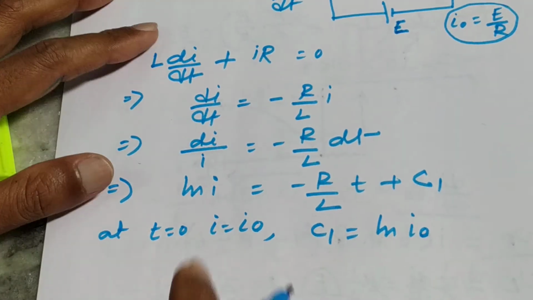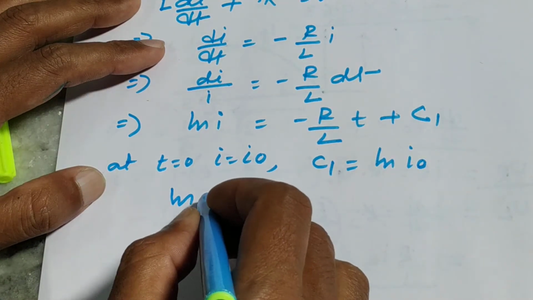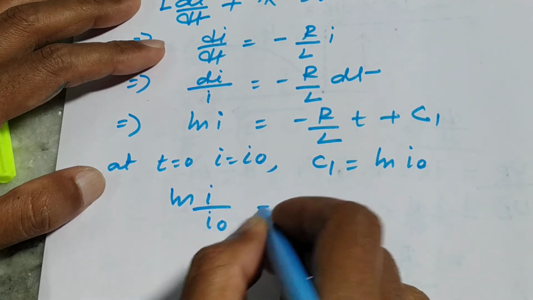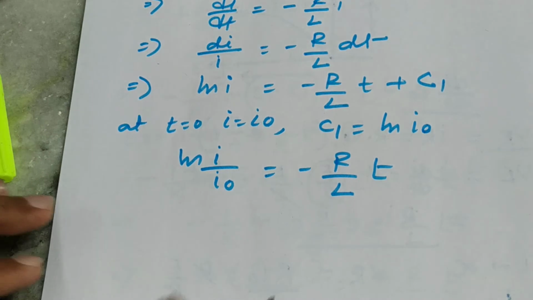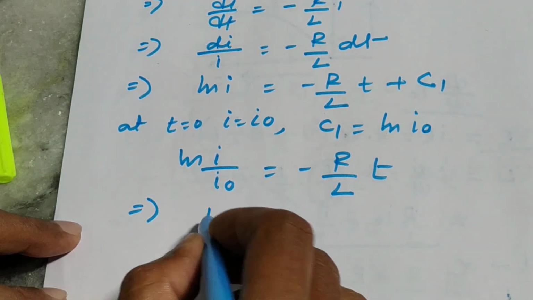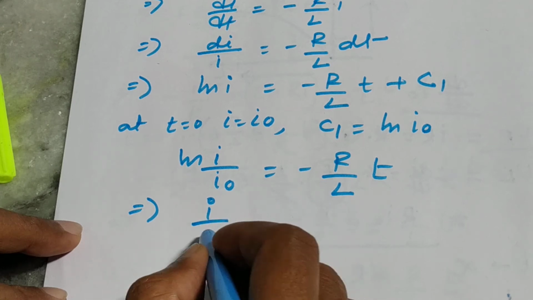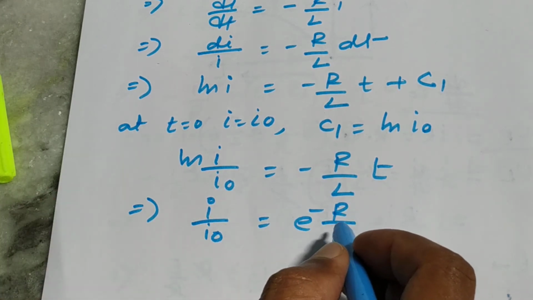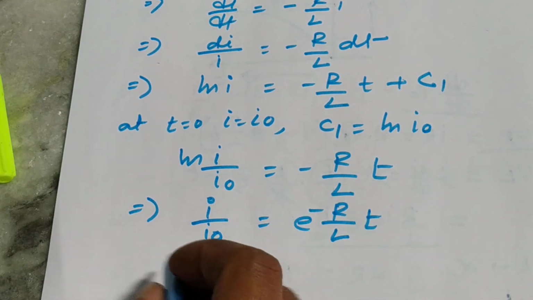Now substitute the value of C1 in that equation, then we can write ln of I by I0 is equal to minus R by L into t. Or I by I0 is equal to exponential minus R by L into t.